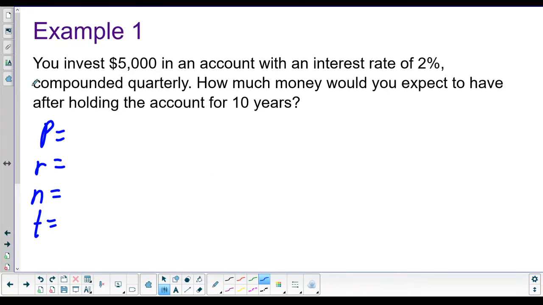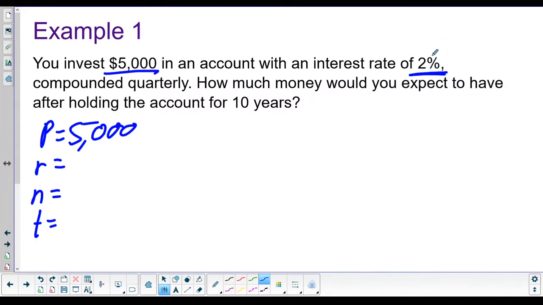So it says you invest $5,000. They just told you a variable. That's your principal because that's the amount you are putting in. That's your starting amount. So P is 5,000 into an account whose interest rate is 2%. So there's our interest rate, but remember, we can't leave it as a percentage.